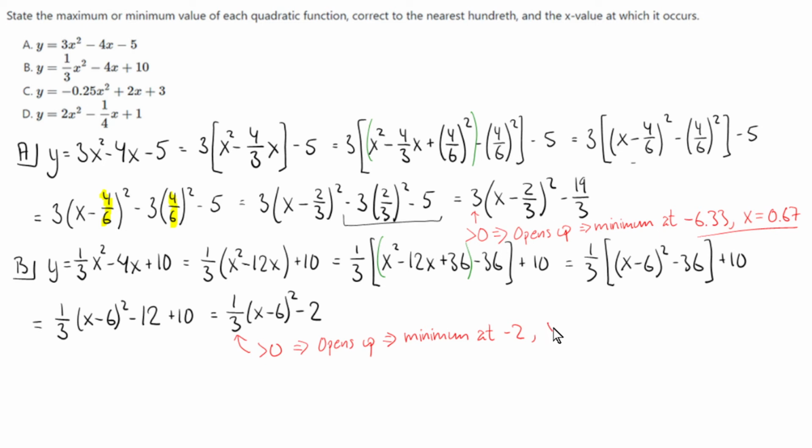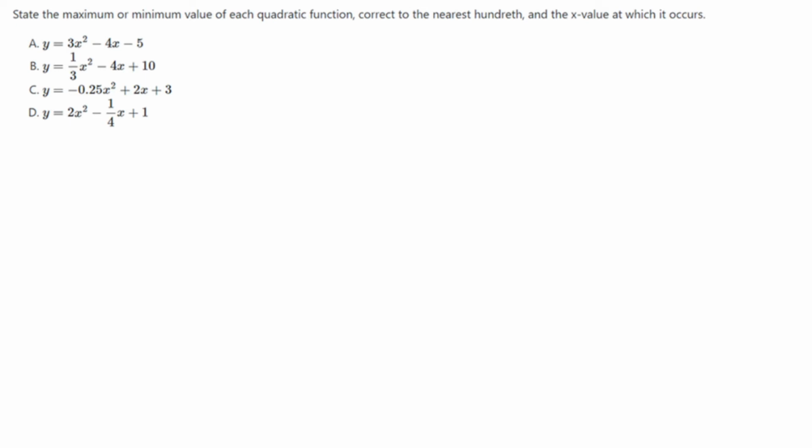And the x-coordinate of that minimum is going to be positive 6. So that's B. Let's have a look at C.